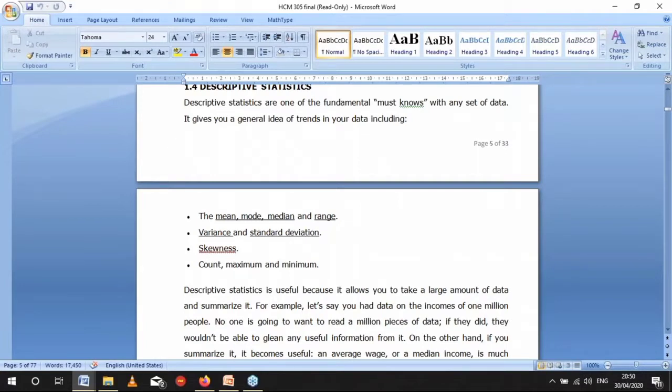So when we talk about mode, I told us last time that we have different types of mode. In a set of data, there is something we call bimodal or trimodal. Mode generally means the most frequently occurring value in a set of data.